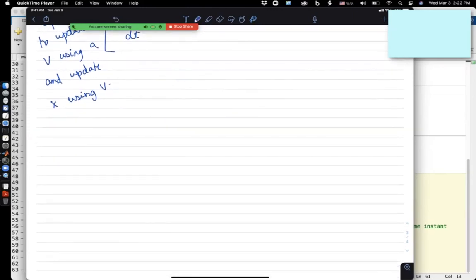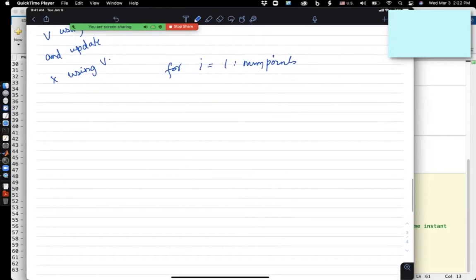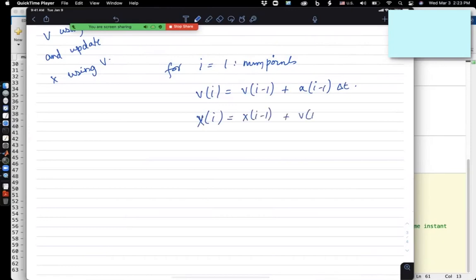So you basically go for i equals 1 to num points, the number of data points. We would basically say v of i equals v of i minus 1 plus A of i minus 1 times delta t. And then x of i equals x of i minus 1 plus v of i minus 1 delta t.